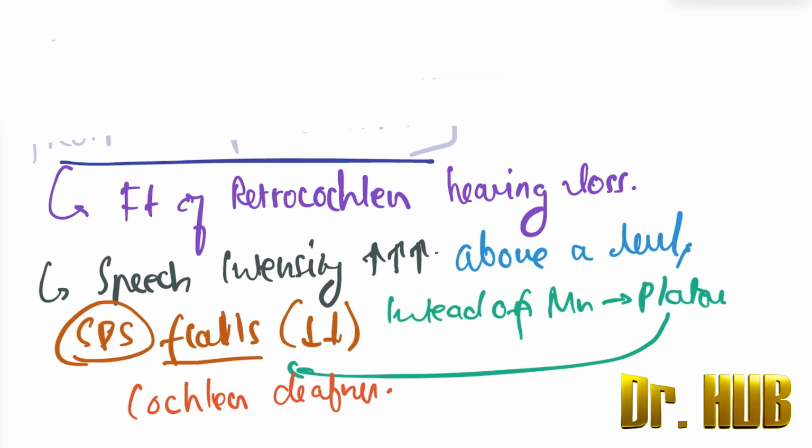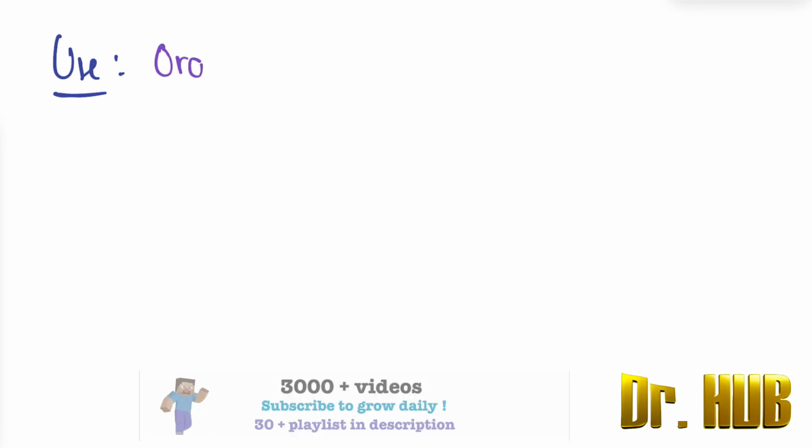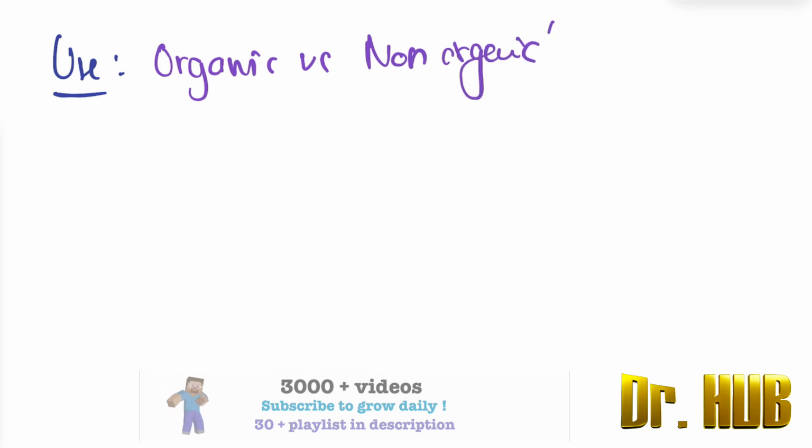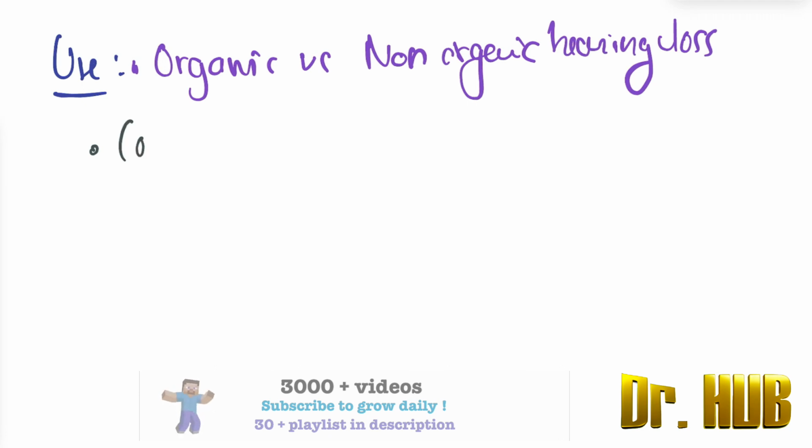Now, what are the uses of this? It can differentiate organic versus non-organic hearing loss. It can also differentiate cochlear versus retrocochlear lesions.